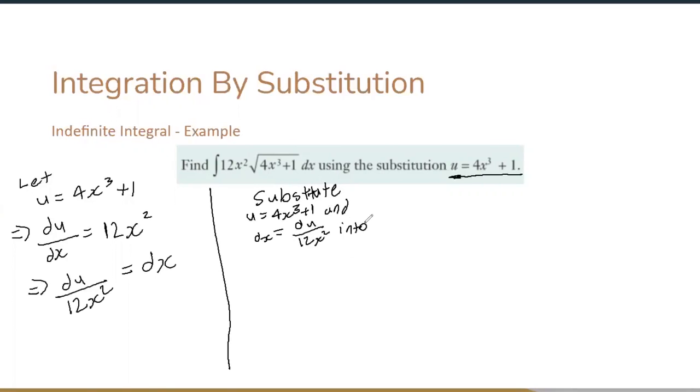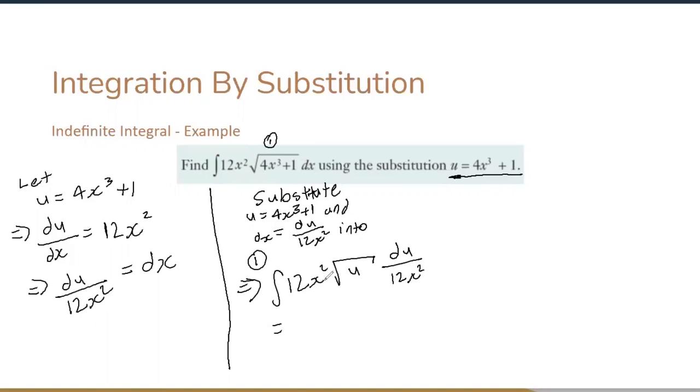I'm just going to call that equation 1. What this is going to give is the integral. We haven't done anything to this 12x squared just yet, so we're just going to leave it in there. But I'm going to replace this 4x cubed plus 1 with u, because that's all it is, square root of u. And now I'm replacing my dx with du over 12x squared.